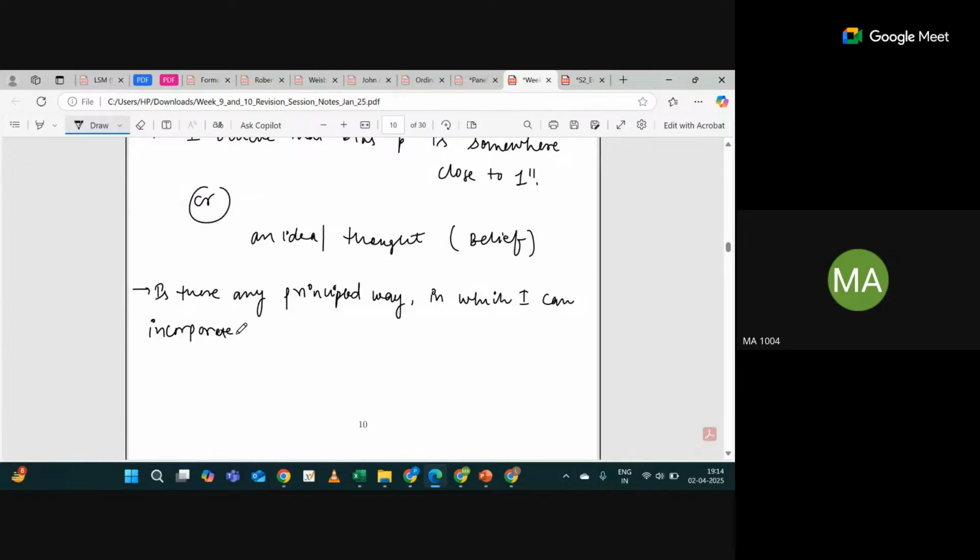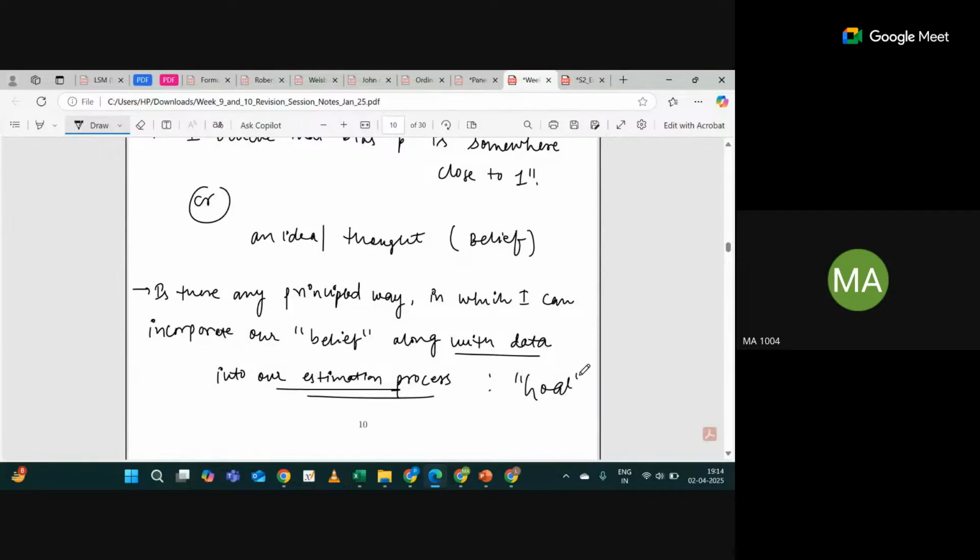Just be with me, it will be clear. If you have some intuition, some belief, then to prove that you need some mathematical things, right? So basically, this is our goal.